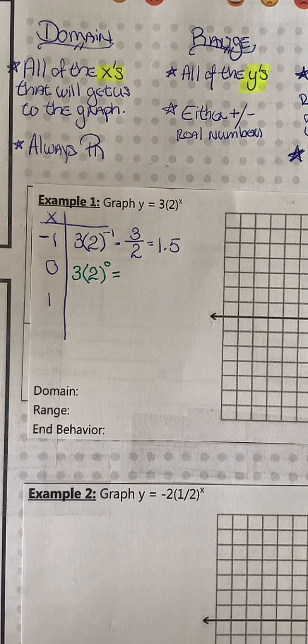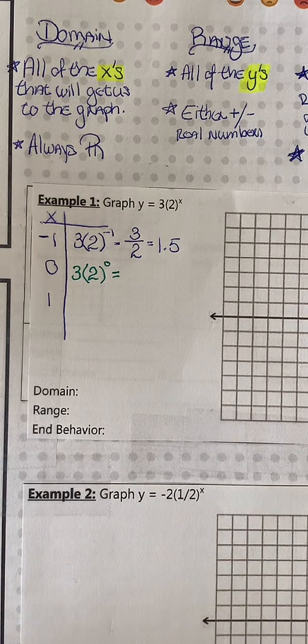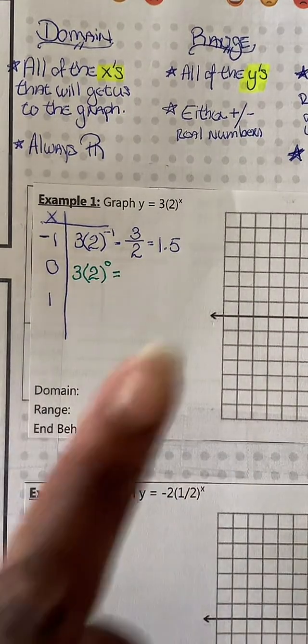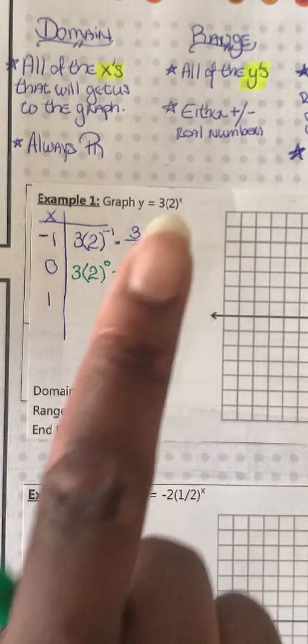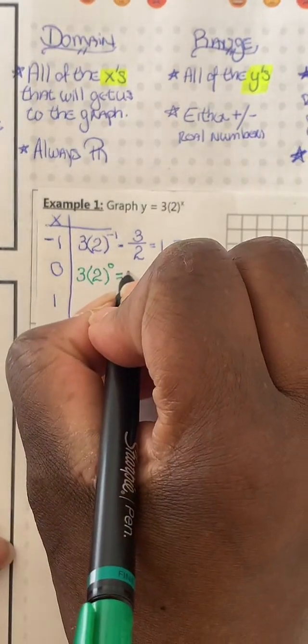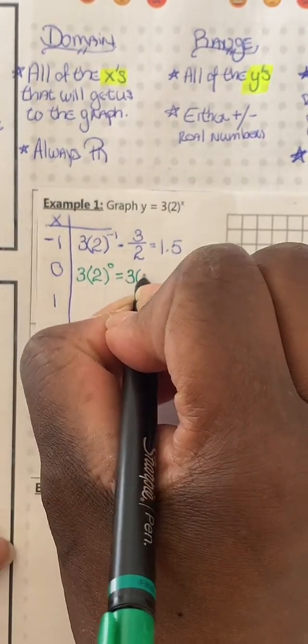Yes, Ms. Audrey, thank you. Yes, we got 1. Anything raised to the 0 power is 1. It's always going to be 1. So we actually have 3 times 1.